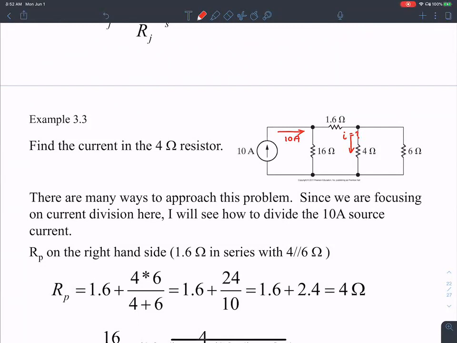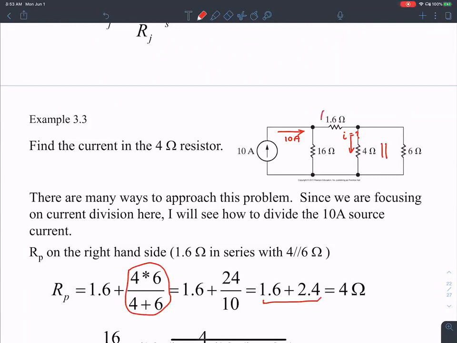On the right hand side, we have 1.6 in series with 4 in parallel with 6. The key is to notice that the 4 ohms and 6 ohms are in parallel, so the equivalent resistance is 4 times 6 by 4 plus 6, which is 2.4.